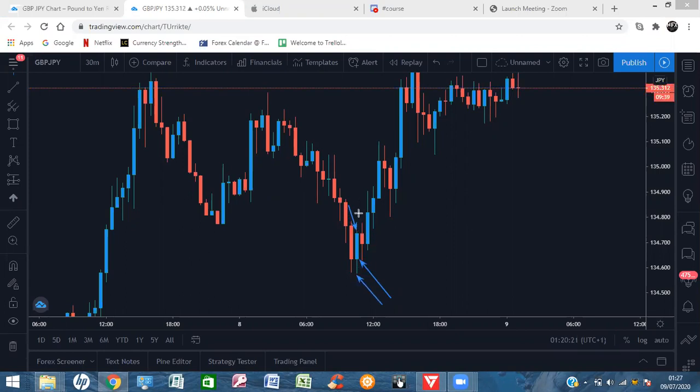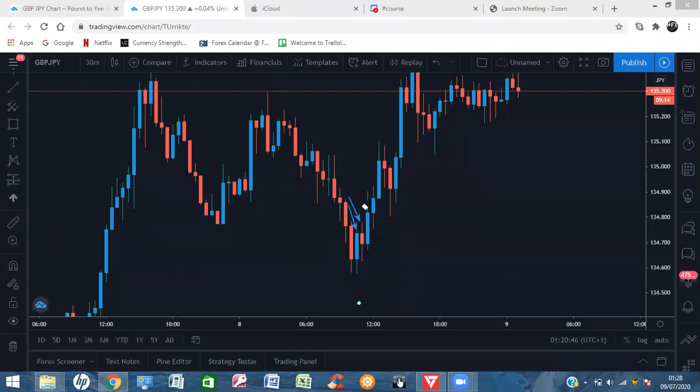The next candle, although it closed bearish, made a higher high and a higher low. The next candle came up and made a higher high and a higher low. The next candle, higher high, higher low, higher high, higher low. So this is an even shorter uptrend because candles are making higher highs and higher lows.